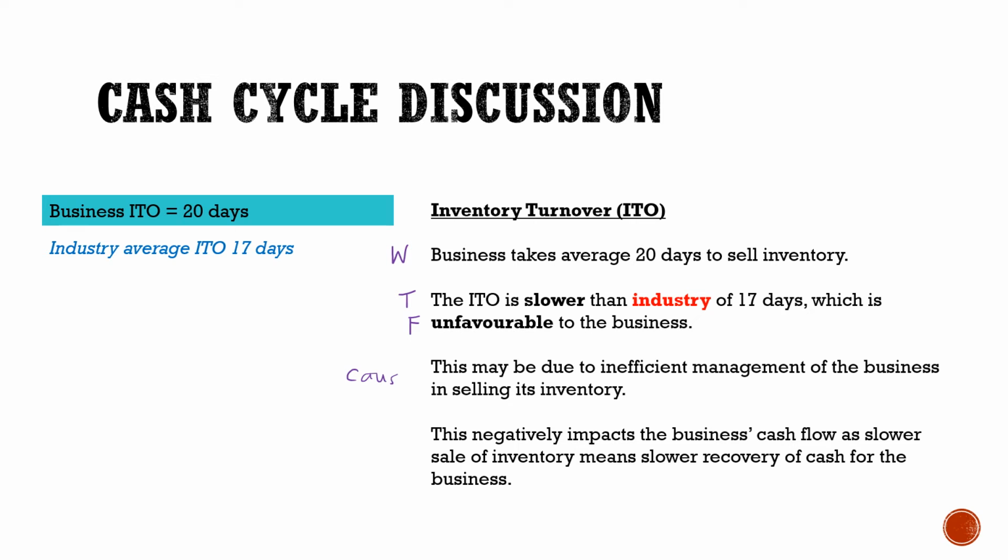That is the cause that we've identified. This negatively impacts the business cash flow, as slower sale of inventory means slower recovery of cash for the business. And that would be the effects that we're including in our discussion. And the effects are focused on the impacts on the cash flow.